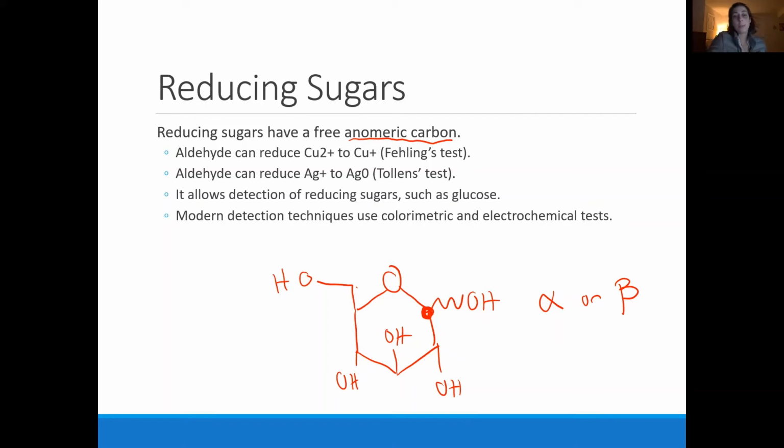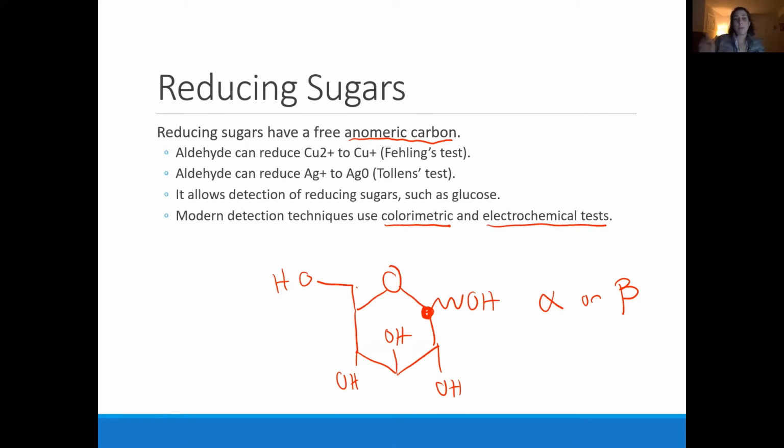There are other types of techniques to determine if this reducing sugar is present, and those are colorimetric, meaning they're a technique that utilizes a change in color for us to tell if it is free or not, or they are an electrochemical test.